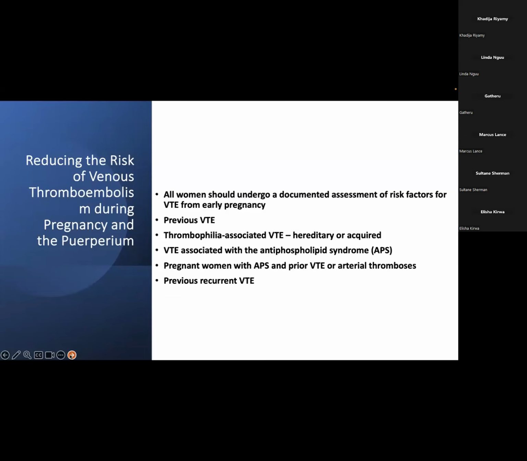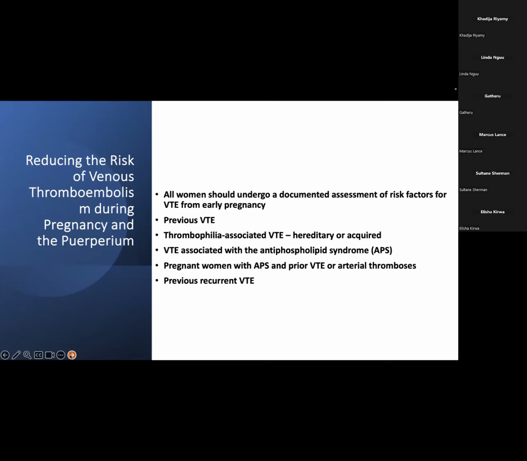VTE associated with antiphospholipid syndrome, which I see quite a bit now. I see quite a bit of patients who have got infertility due to antiphospholipid syndrome, and luckily, it has been found that they need to be put on anticoagulants as a way of preventing recurrent pregnancy losses.